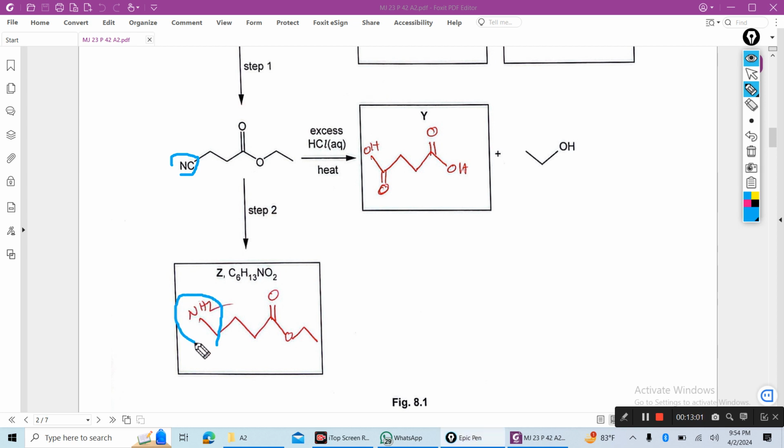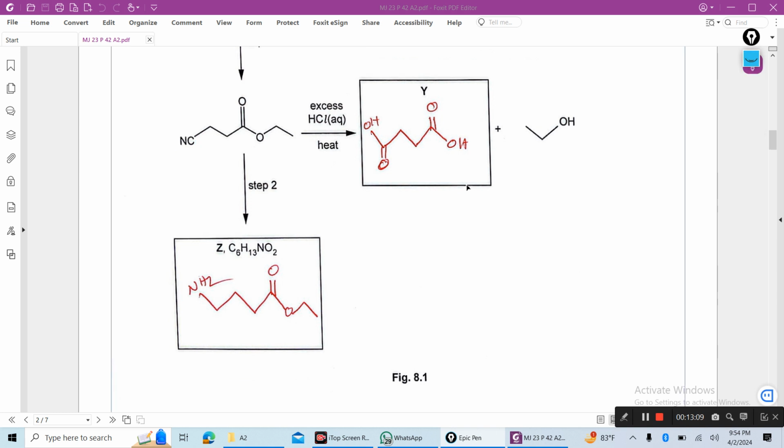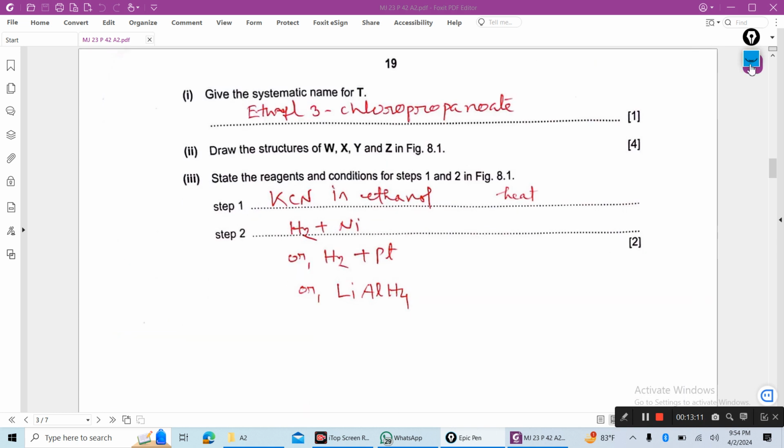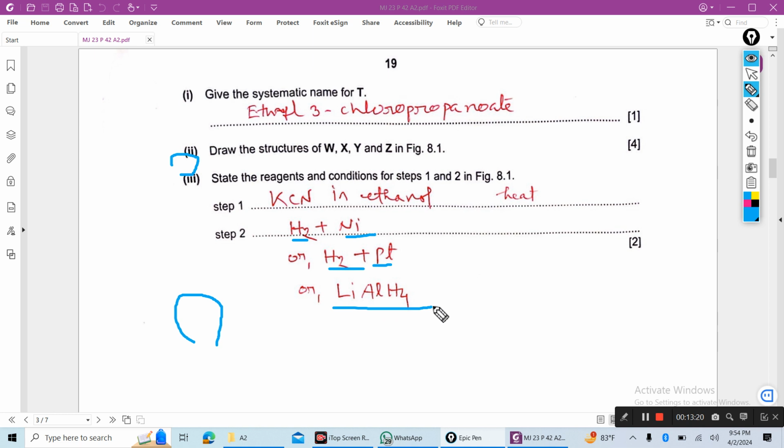So hydrogen is added. This reaction is a reduction reaction, the reducing agent is lithium aluminum hydride, or you can write hydrogen in presence of nickel catalyst, hydrogen plus platinum, or lithium aluminum hydride in dry ether. When you use lithium aluminum hydride, the condition will be dry ether.